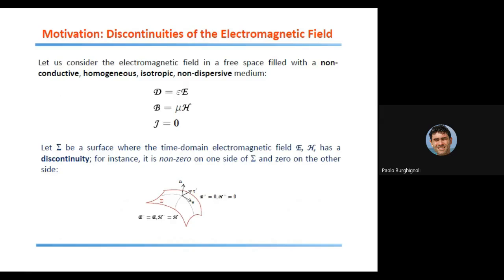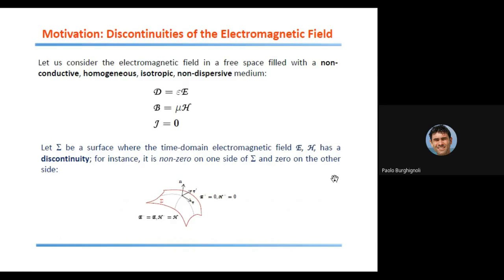You, of course, know very well that when the medium is discontinuous, some components of the electromagnetic field are discontinuous across the interface between the two different media. However, the situation we are dealing with now is different because the medium is not discontinuous. There is only one medium, homogeneous in the entire space. However, it is possible that the electromagnetic field has some surface of discontinuity, and we are interested in characterizing the behavior of the field in a neighborhood of such surfaces.